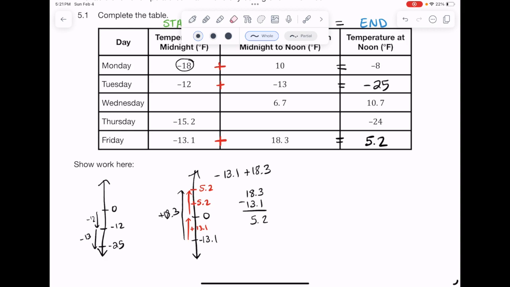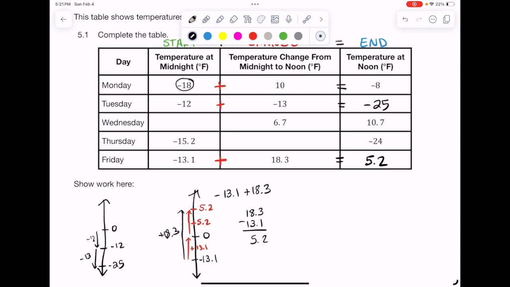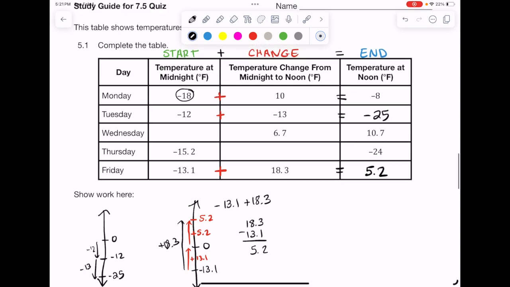Okay. For Wednesday and Thursday, we have to do something a little bit different. Wednesday, we don't have the starting temperature, but we have the amount of the change and the end. One way of setting this up would be with an equation, but I'll write it this way. We have our start, and then I'm adding 6.7, and then that equals 10.7.